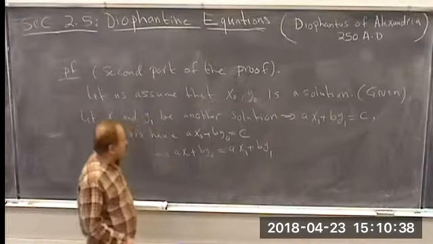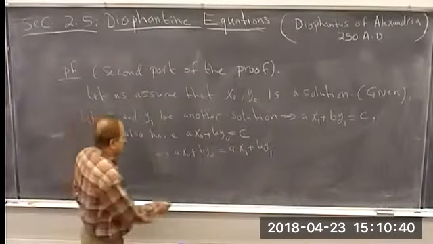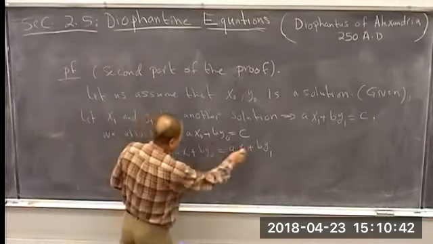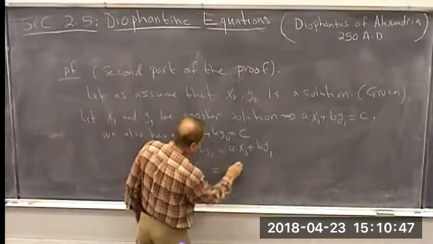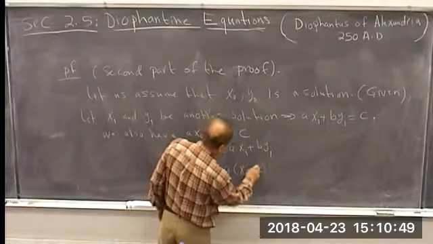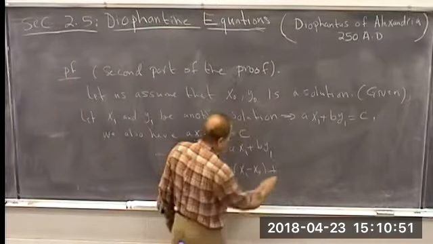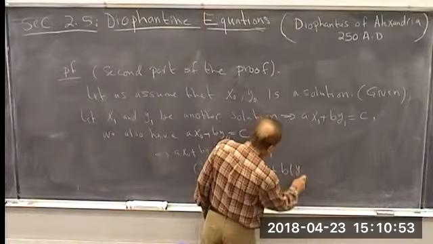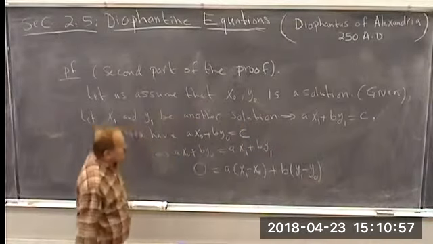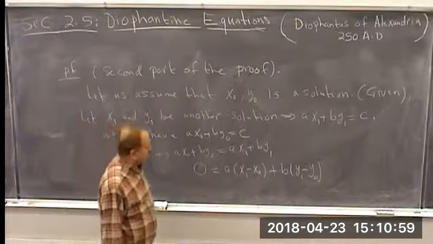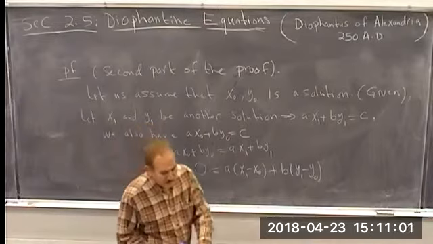Now we need to rearrange this, so let me subtract these to the other side. So this becomes a times x1 minus x sub 0 plus b times y1 minus y sub 0, and this is equal to 0.